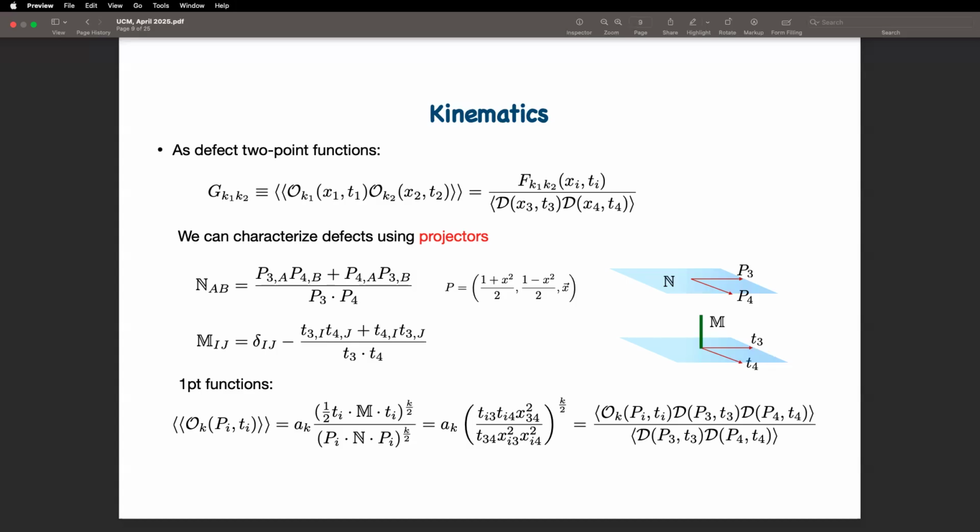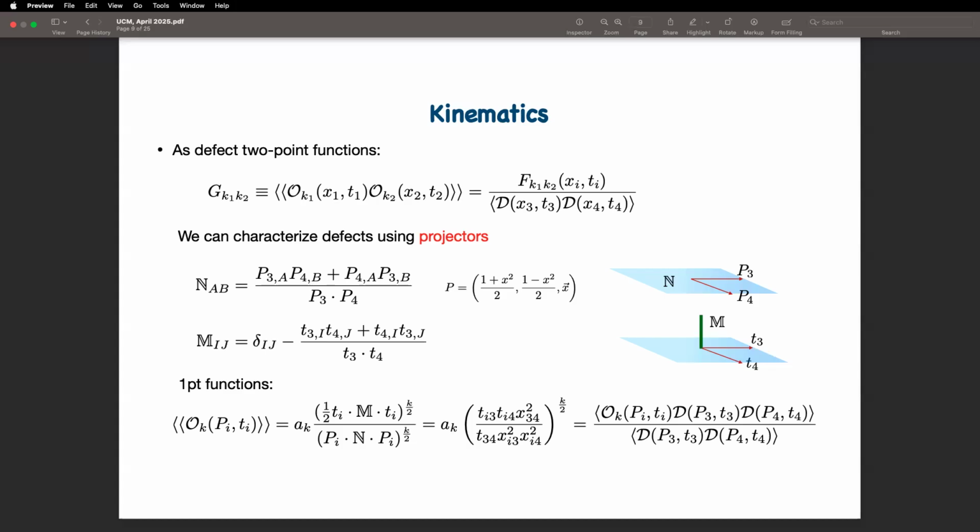And you can quickly realize that this combination is nothing but the 3-point function of O with two Ds divided by the DD 2-point function. So in particular, this one-point function coefficient is nothing but the 3-point function coefficient. And of course, on the right-hand side, you know from our usual knowledge of CFT that everything is fixed by symmetry up to a number. So these two perspectives are consistent.